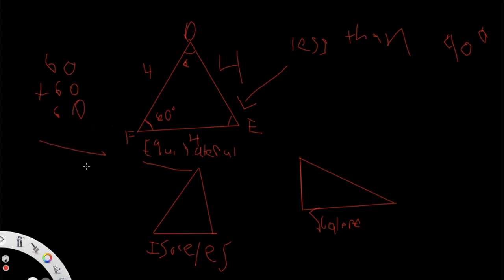Well, 0 plus 0 is 0. 6 plus 6 is 12, plus another 6 is 18, so 180 degrees. There.